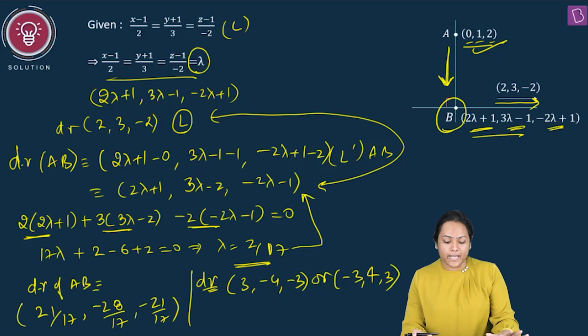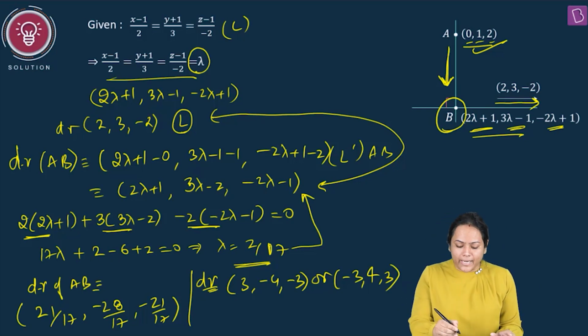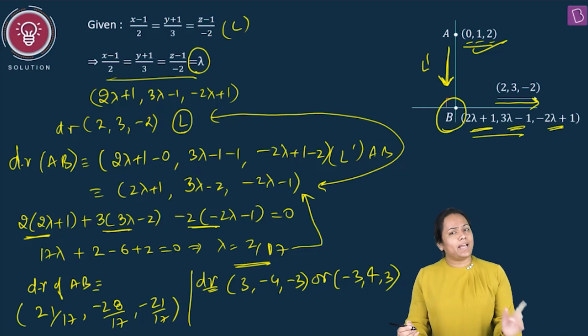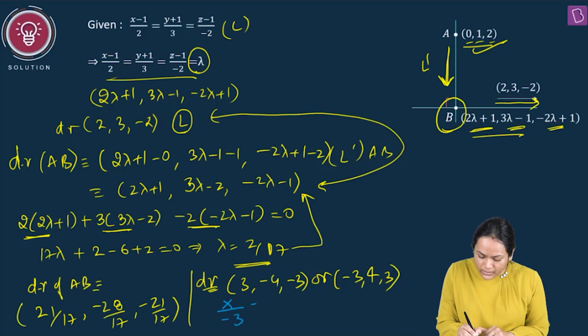Either way is correct. So these are the direction ratios, and now I have to write the equation of AB, or the line L dash, with me. I have the point. So that means my final answer is going to become x minus 0 upon minus 3 is equal to y minus 1 upon 4 is equal to z minus 2 upon 3.